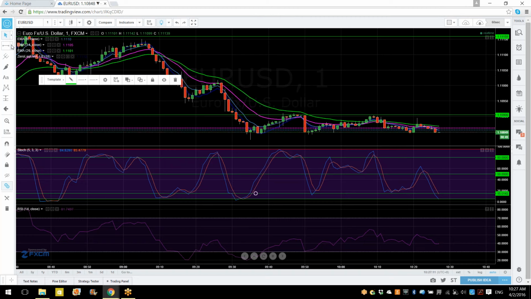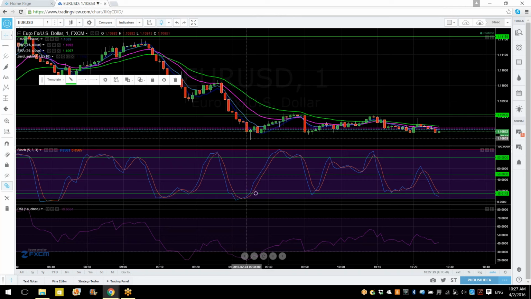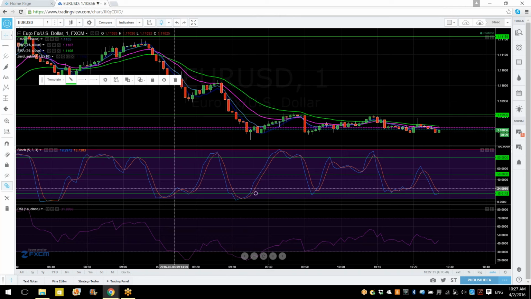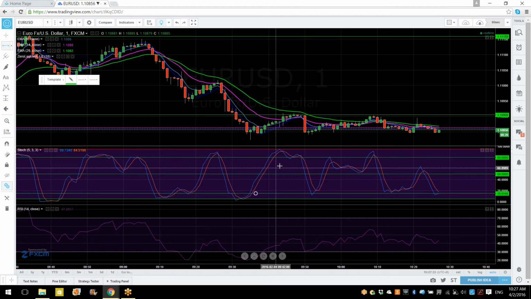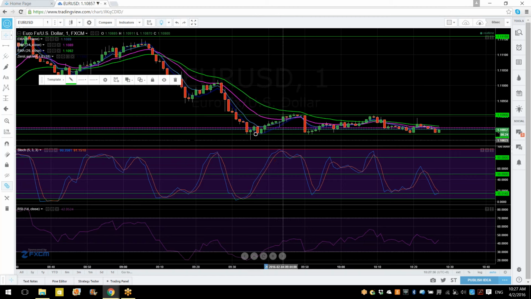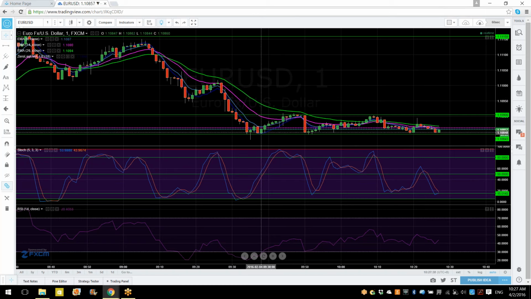If you see, right now it is going down here. If you include the stochastic along with the support and resistance line, that gives you a much easier way to trade in a ranging market, and this is a ranging market.